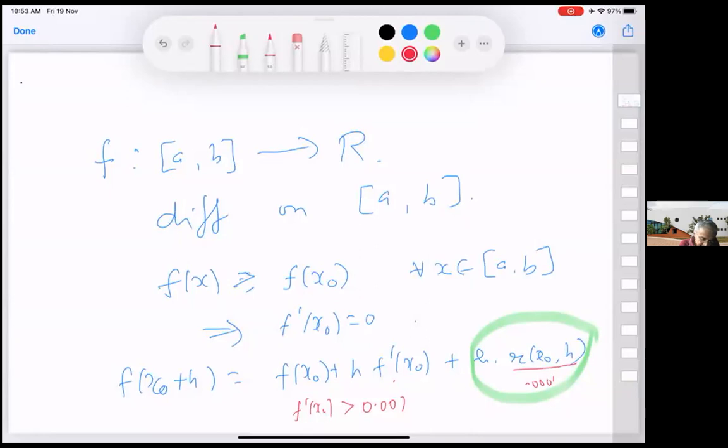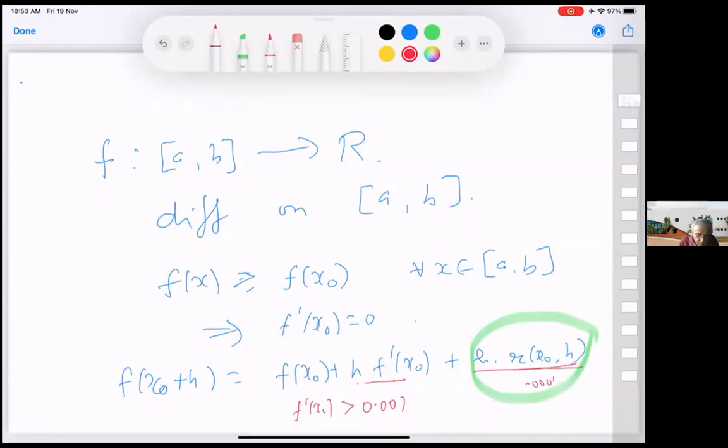So if we take h small but positive, this term will definitely dominate. And this is a minimum, so I have to take h negative. If I take h negative, this quantity will be small but negative, and then f(x0 + h) will become smaller than f(x0).